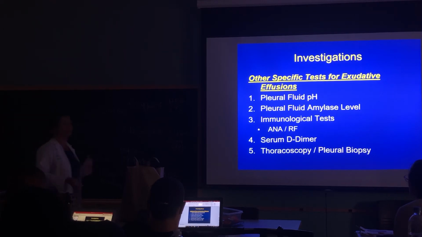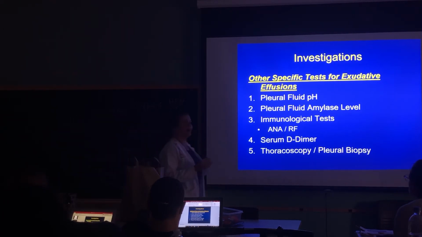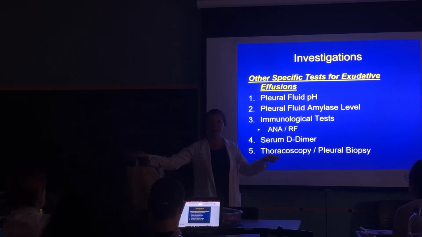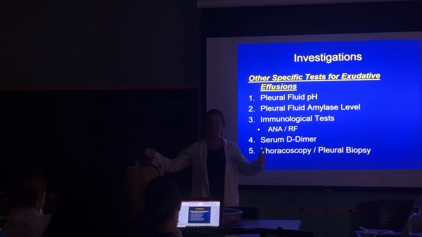You can also think about where you would place rheumatoid arthritis and lupus. Transudate or exudate? Rheumatoid arthritis and lupus, where are you thinking that they will be listed? Transudate or exudate?